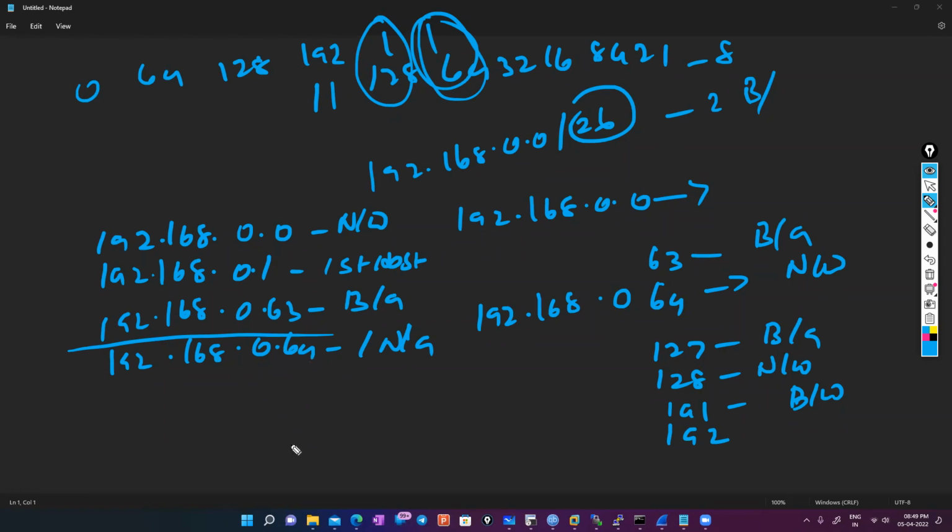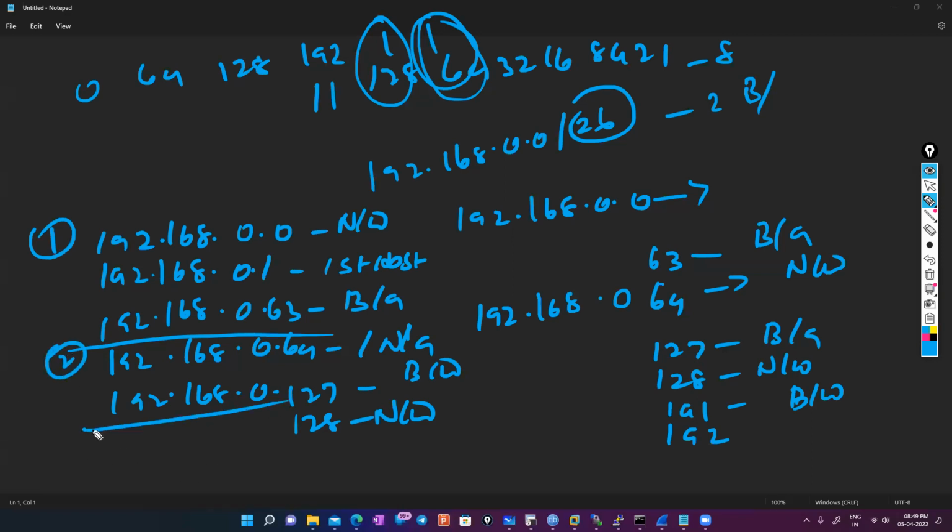And then 128 is the next network address, and 192.168.0.127 is the broadcast address of the first network; this is the second network, right? And this is the third network, 128. And this is 192, and 191 is the broadcast address of the third network.